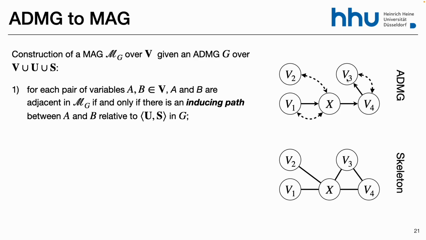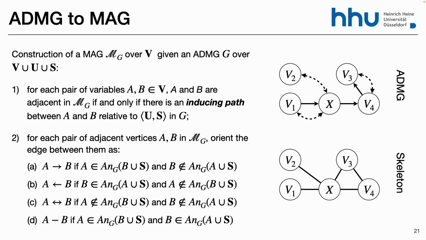This forms an inducing path, because the edge here and this bidirected edge form a collider on V4, and V4 is an ancestor of V3. So this triplet cannot be separated. X and V3 can never be separated, and that's why there is this edge between X and V3 in the MAG. The others are not interesting, since the edge already exists, so you just put the edge there.